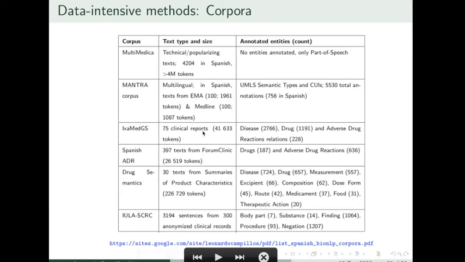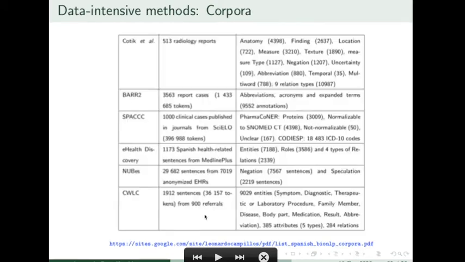What I want to show you very quickly is that these corpora include different text genres, so some are made up of real clinical cases, and others are made up of medication leaflets or forums, and also radiology reports.